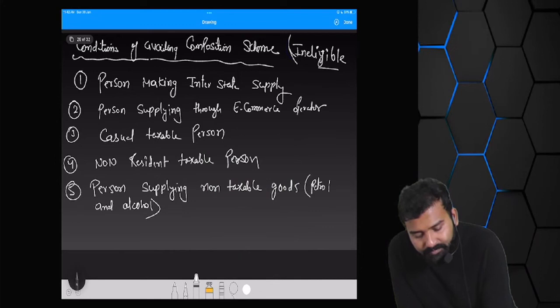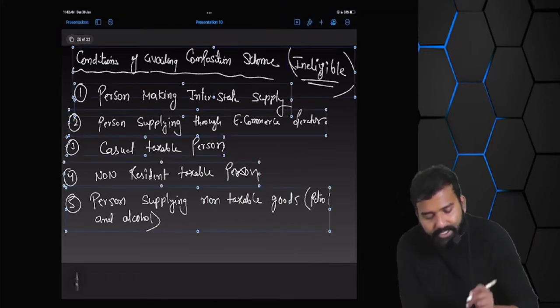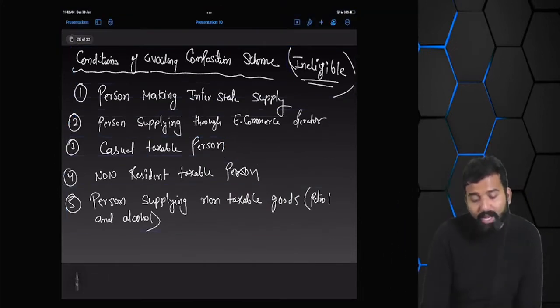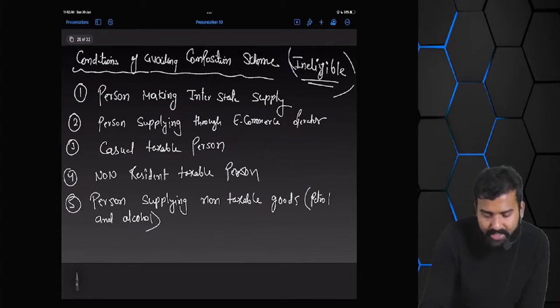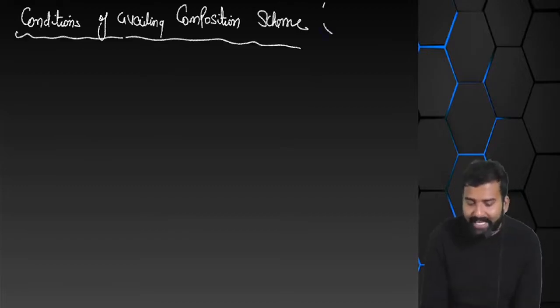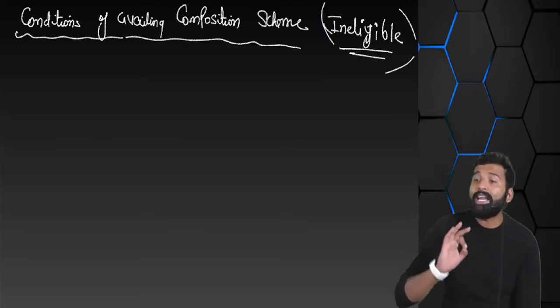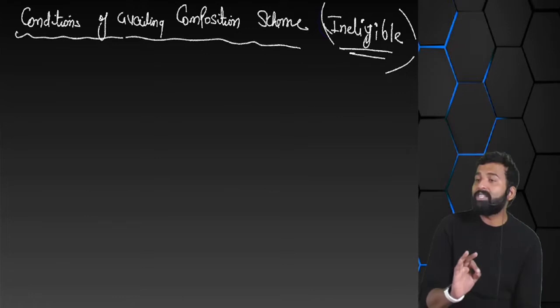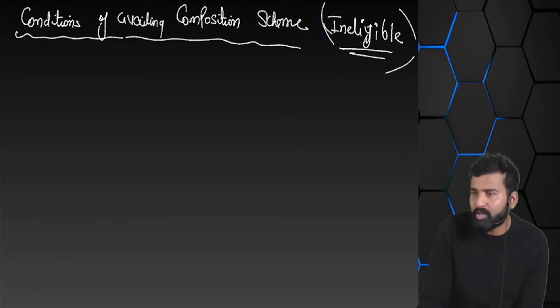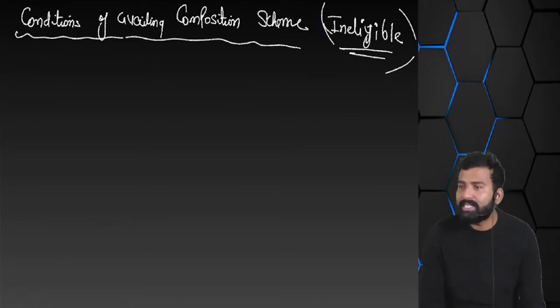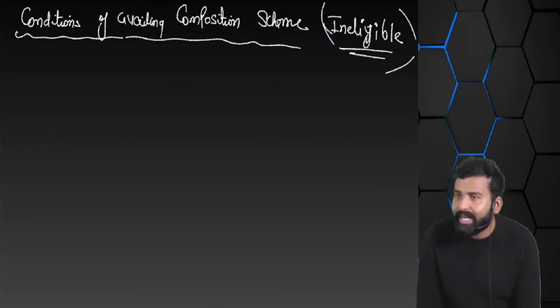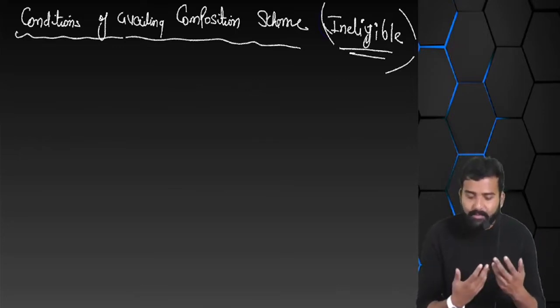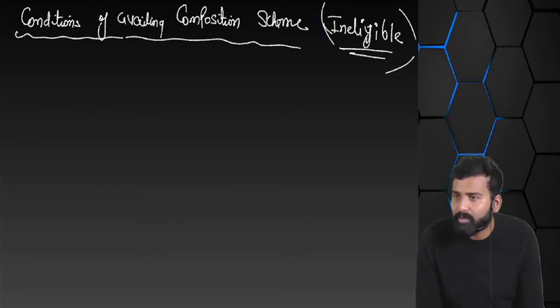These are the guys who are ineligible for availing composition scheme. So, conditions of availing composition scheme: first of all, who are ineligible? Who are the guys who are not eligible to avail composition scheme? This composition scheme is not for everyone. There are some guys who are ineligible for this composition scheme.